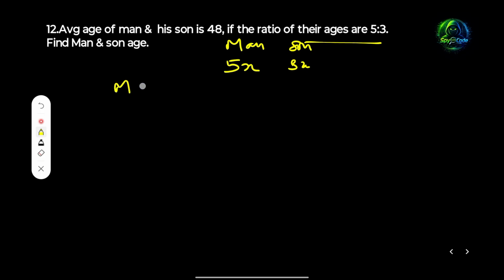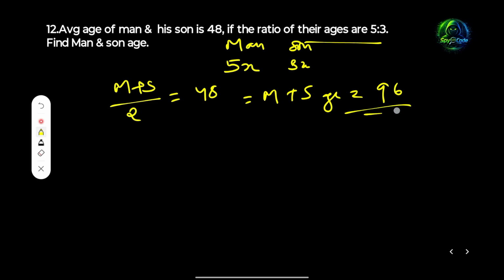So average age, man plus son age divided by 2, is equal to 48, which means man plus son age is 48 into 2, which is 96. The sum of both their ages is 96. So we know that 5x plus 3x is 8x, equal to the sum of their ages, 96.